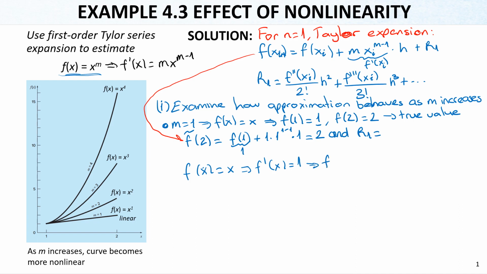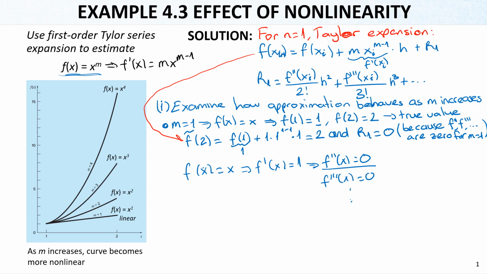The second derivative is 0. That means the third derivative is also 0, and onwards all the derivatives are 0. Which means if we write these down here, all the terms are 0. So that shows that our R1 is 0, because all the derivatives from the second derivative onward are 0 for m equals 1.